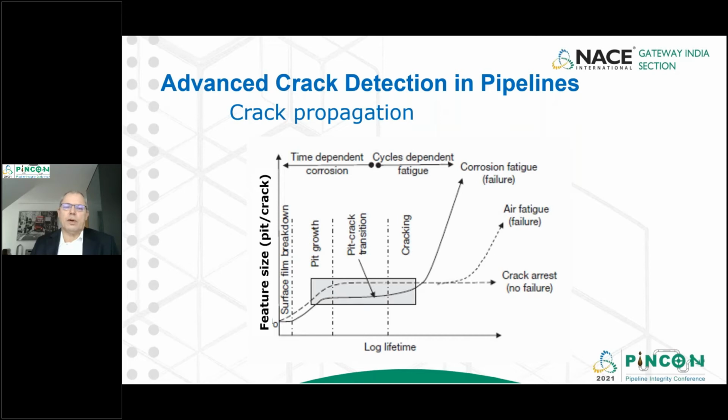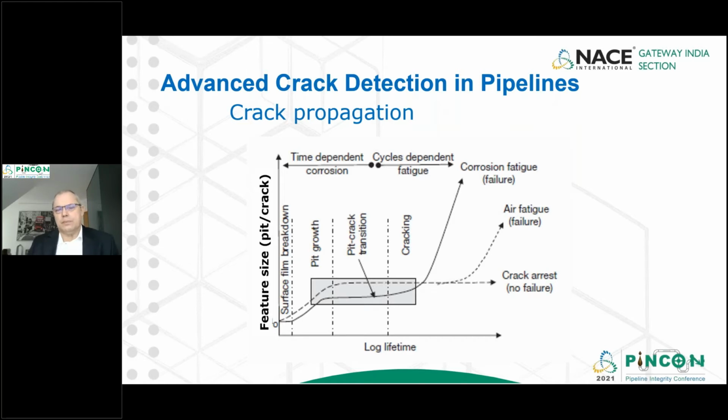And this is where small pits start, and depending on the type of exposure of the pipeline to stress and the composition of the liquid in that area where the barrier has cracked, it develops either into metal loss features or into cracks.